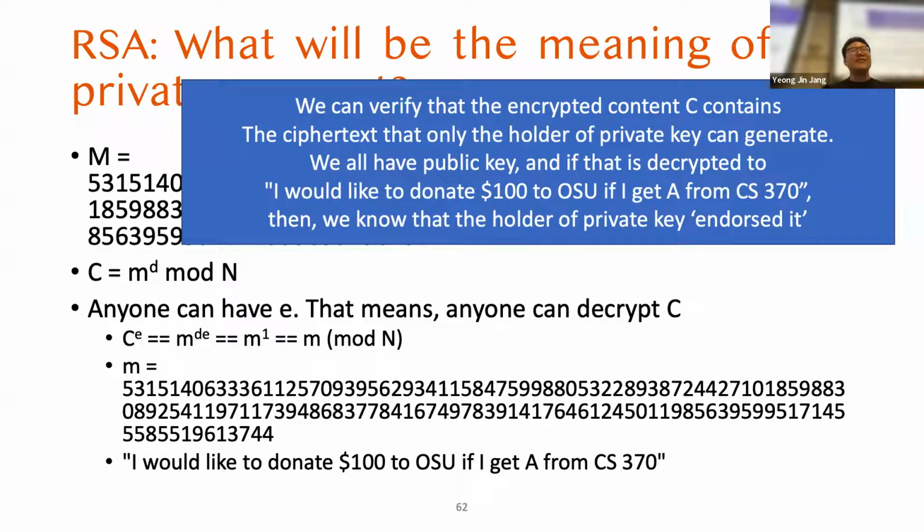Anyone can do this, because it requires just the public key. If that message is the same as the hash of the document, then we can say that the holder of the private key endorsed this document. That's how we use RSA as a digital signature mechanism.